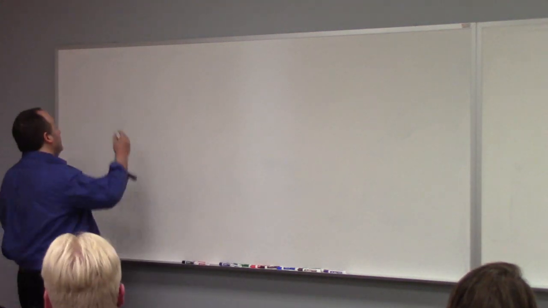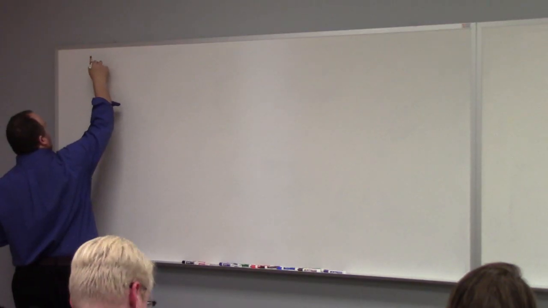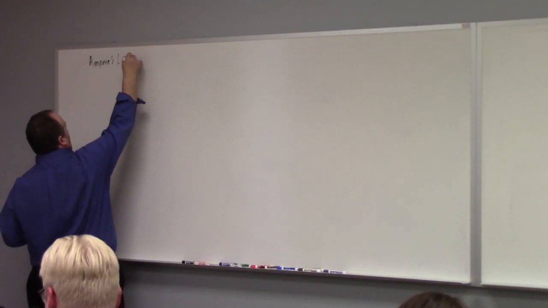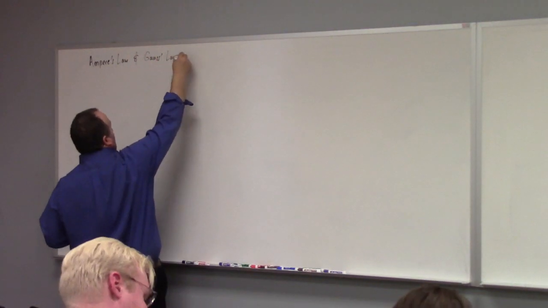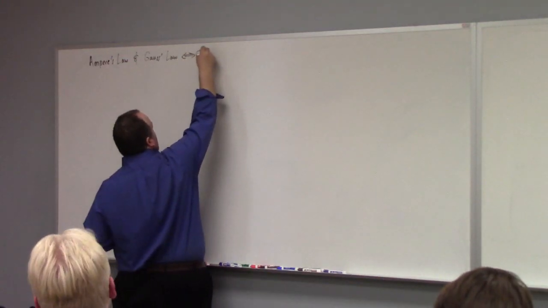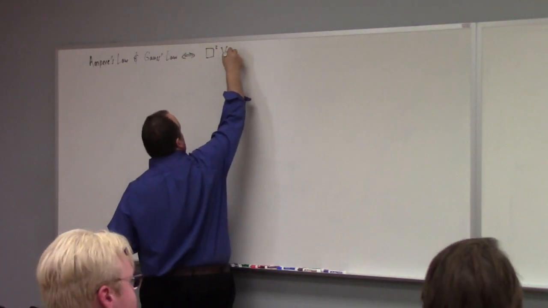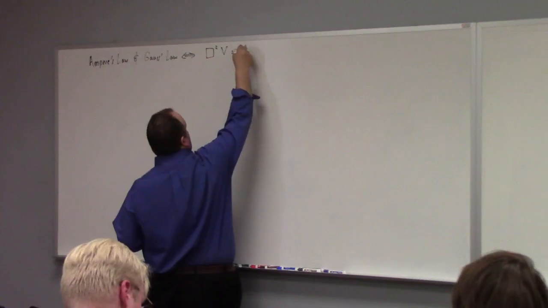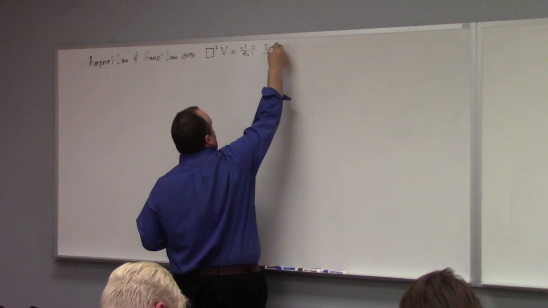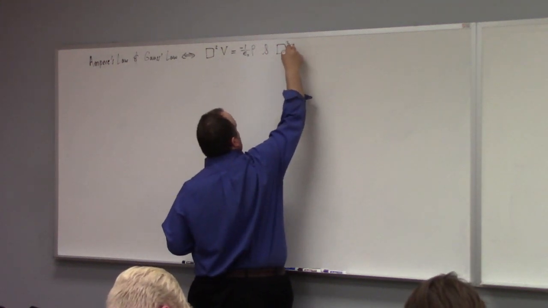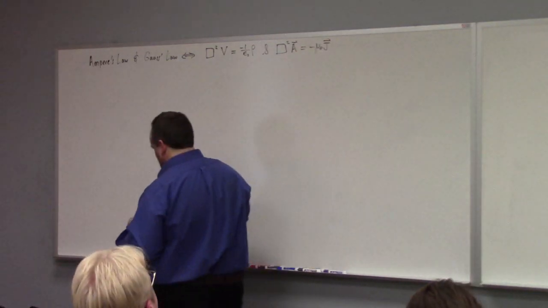We worked out that Ampere's law and Gauss's law are basically interchangeable with the d'Alembertian of the potential V equals minus 1 over epsilon naught times the charge density, and the d'Alembertian of the vector potential A equals minus mu naught times the current density.